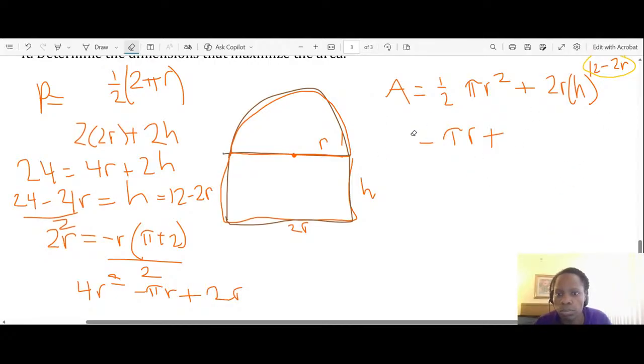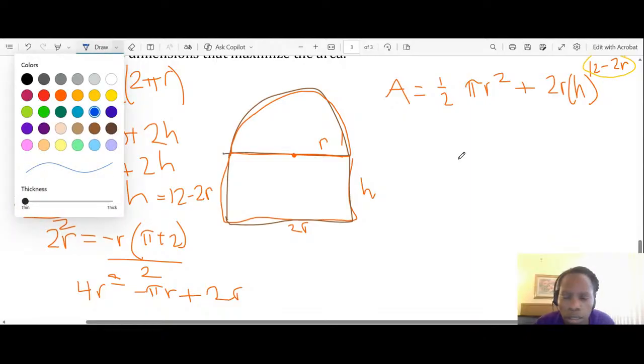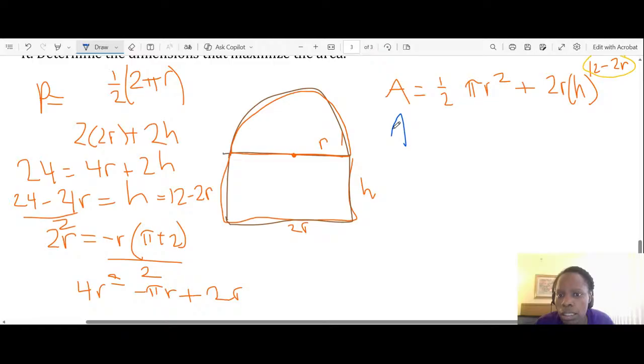So let's set this. I'm going to make it blue. I'm going to say that A is equal to 1/2 pi r squared.